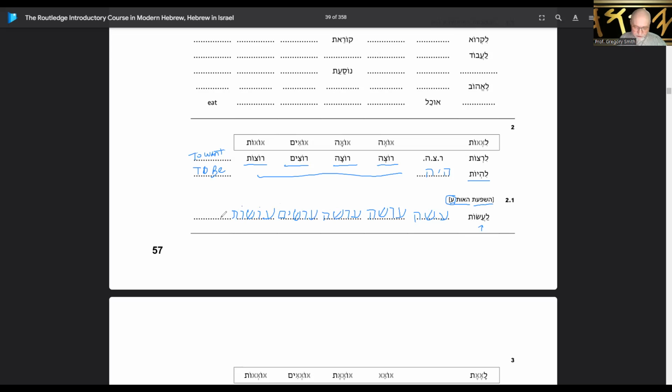Okay, osot. And then the tirgum, or the translation, would be to do, to make, or to create. Okay, so that's what we should have for these. So let's double check and see what the answer key is saying.